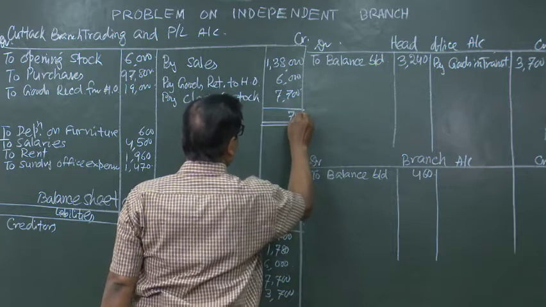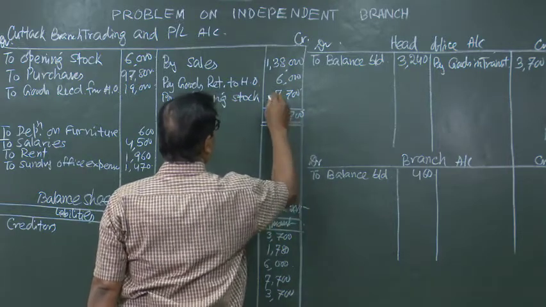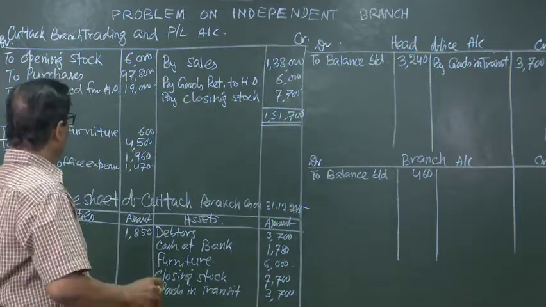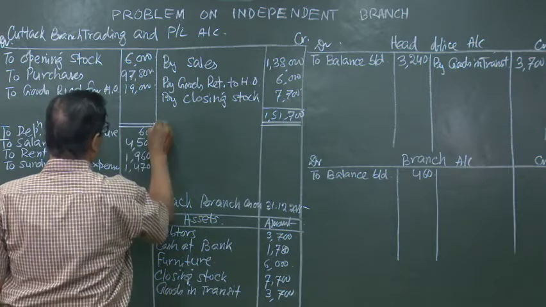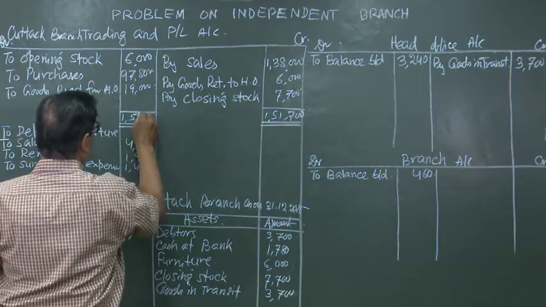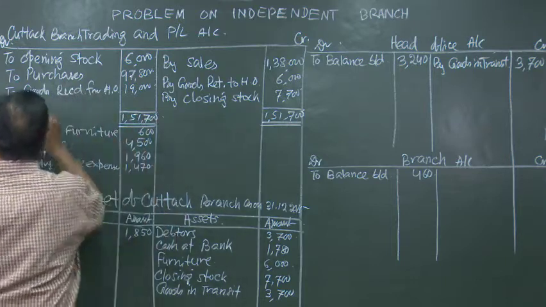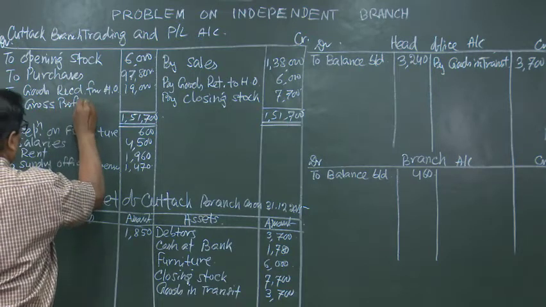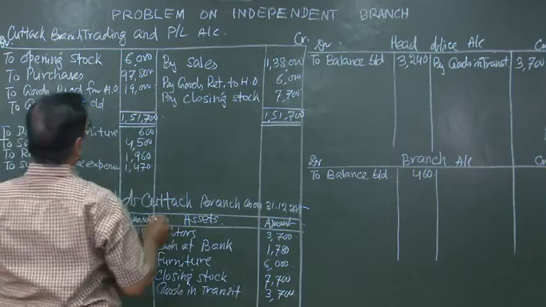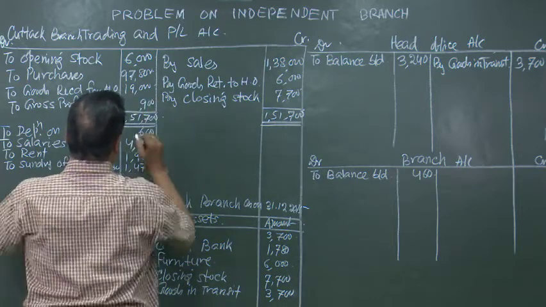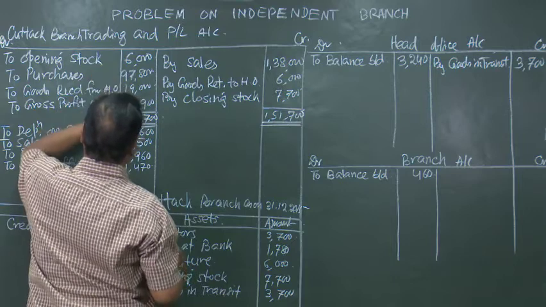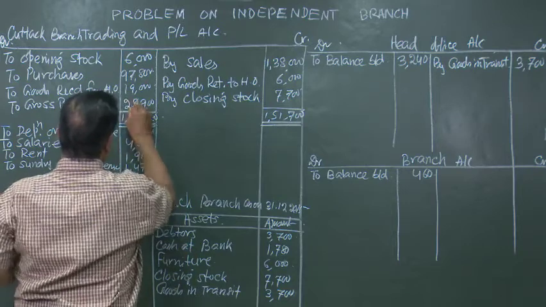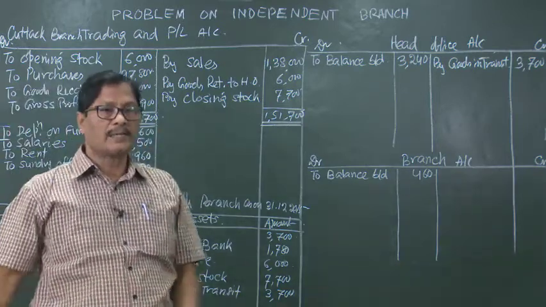This is coming to 1,51,700. So, to gross profit carried down, the balancing figure we have to calculate, that is 28,900.